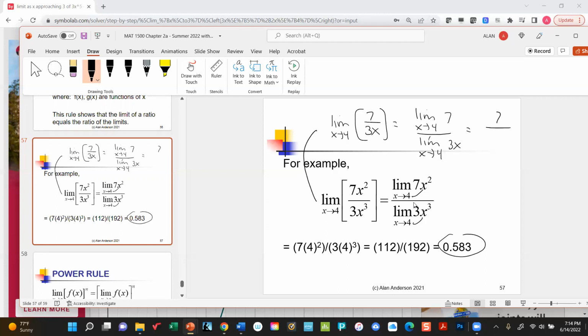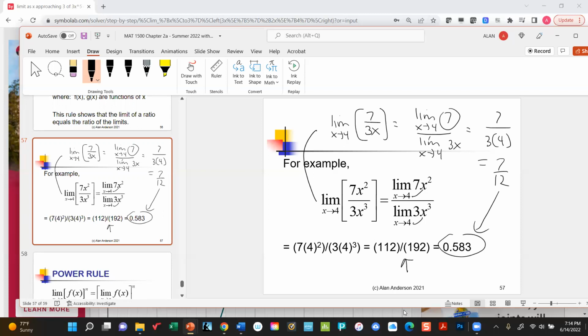The numerator is just 7 because that's a constant. And here we have 3 times 4. I could have reduced this a little: 112 over 192 is just 7/12. So we still end up with 0.583.